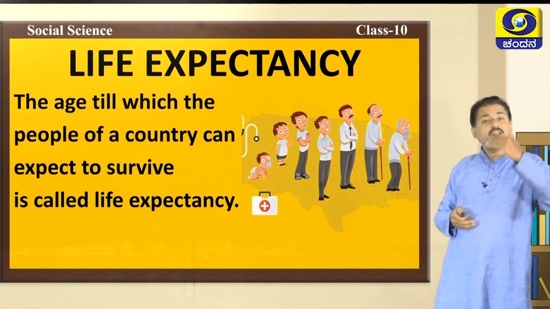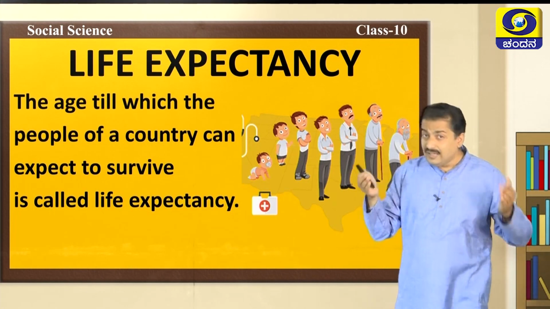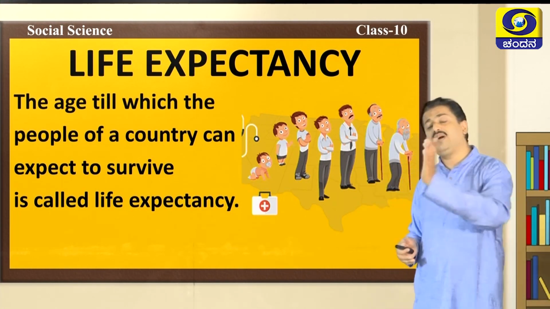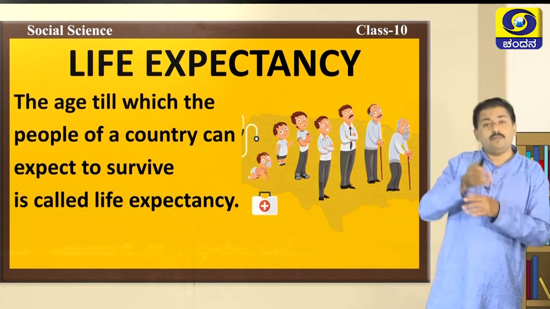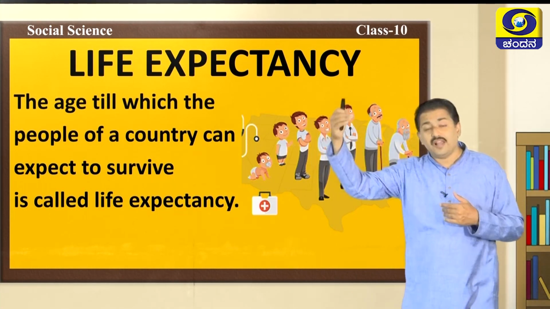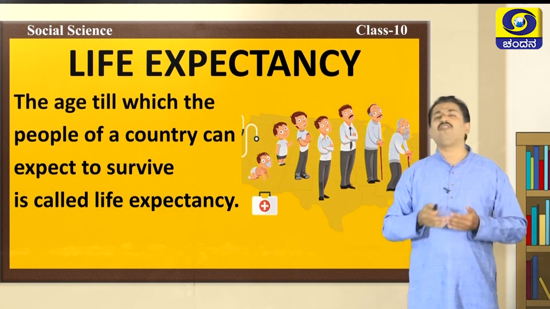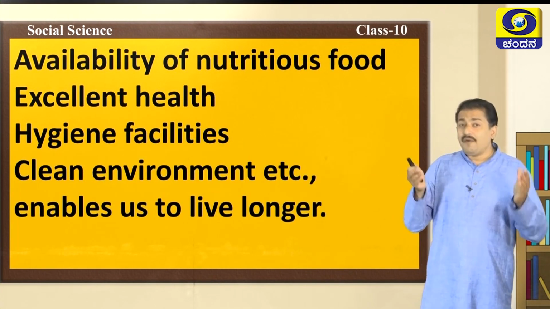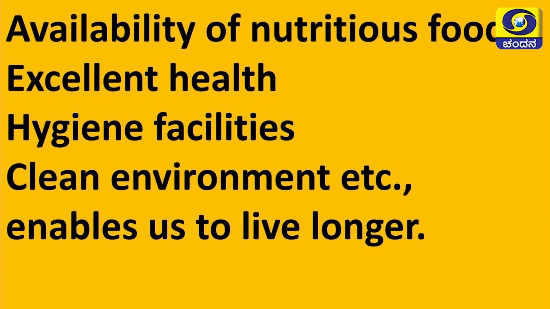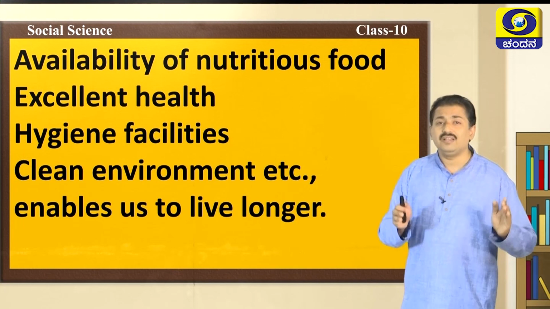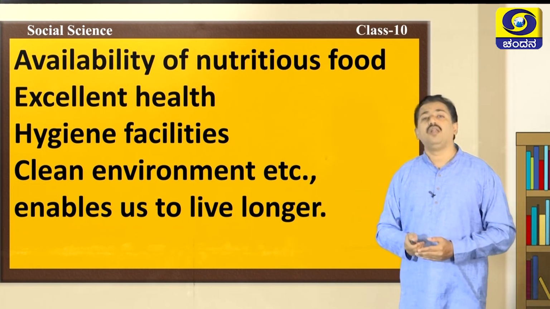In England it is up to 75 years, but in India it is 65.5 years. That means compared to the western countries, the life expectancy in India is low. It is because of various reasons: availability of nutritious food, excellent health facilities, hygiene facilities, clean environment, all of which enable us to live longer.